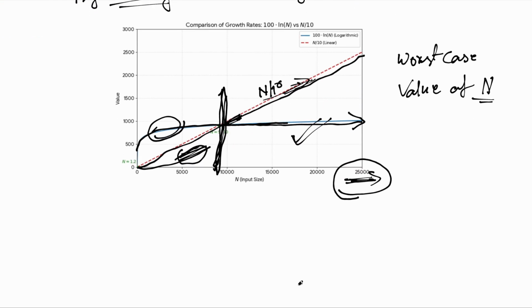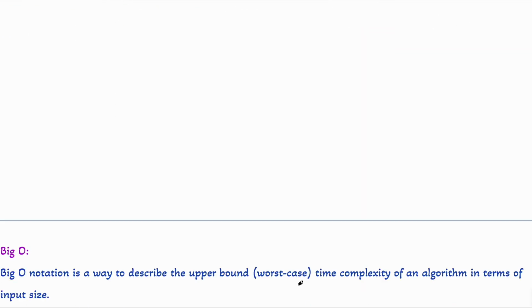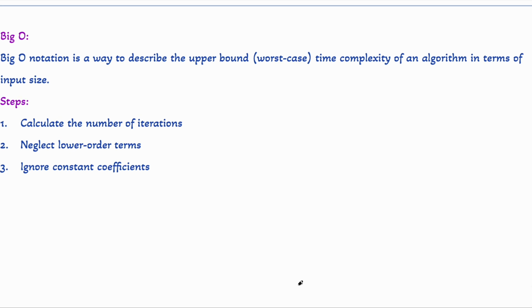And what big O notation says is that we always have to take the upper bound time complexity of an algorithm in terms of input size, which we consider as the worst case scenario, the worst case value of n. For that, whatever is the best time, we will consider that algorithm.